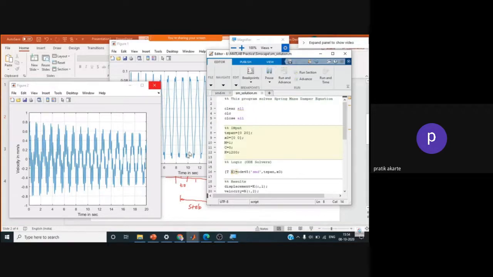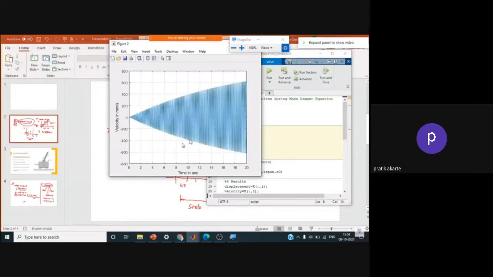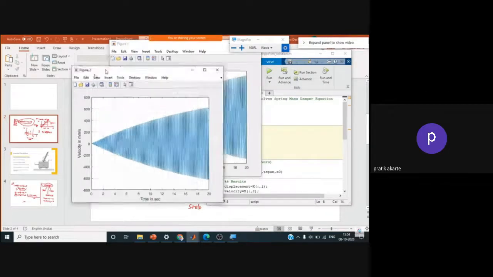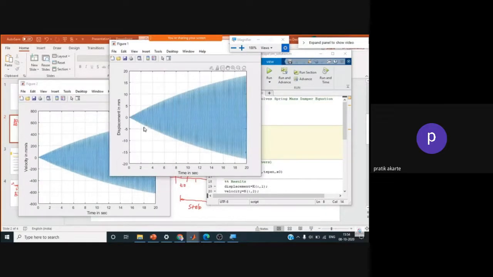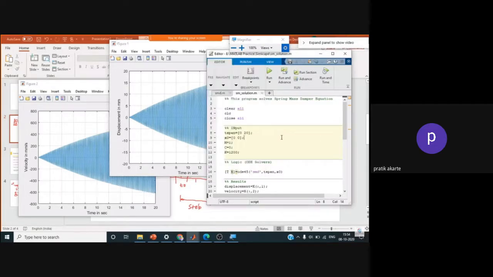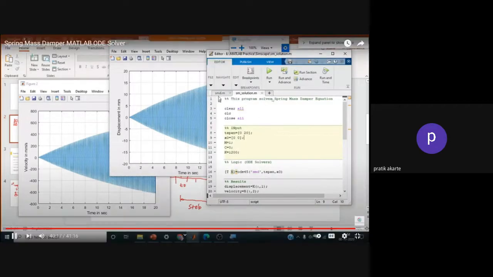You can observe it is continuously increasing. The amplitude will go to infinity after a few seconds or minutes, and it will break because there is no damping. This is resonance.